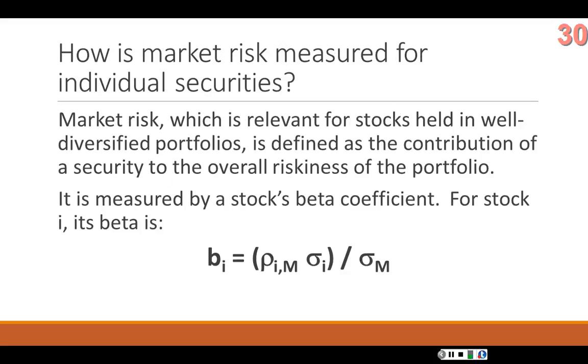So if we want to measure the amount of market risk within an individual security, then we look at beta. The market risk is the only part of the risk that we care about when we hold a diversified portfolio. So beta is often written as a capital B with a long tail.